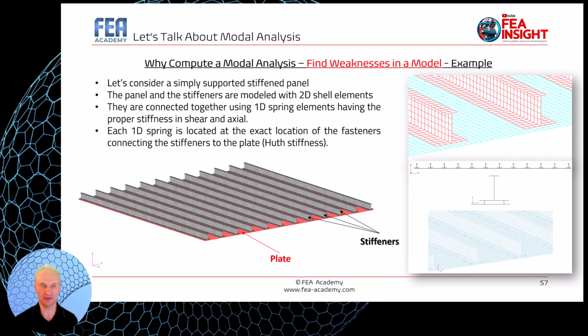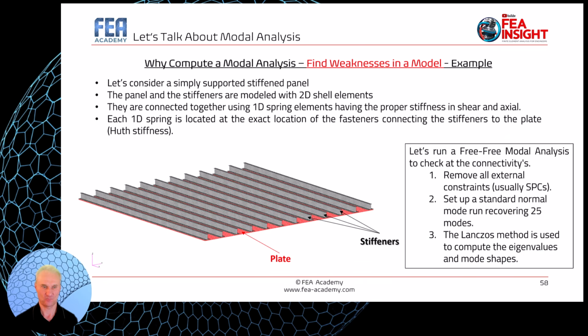The panel and the stiffeners are modeled with 2D shell elements. They are connected together using 1D spring elements having the proper shear and axial stiffness using the HUD formulation. Now, as I said, let's run a free modal analysis to check the connectivities.